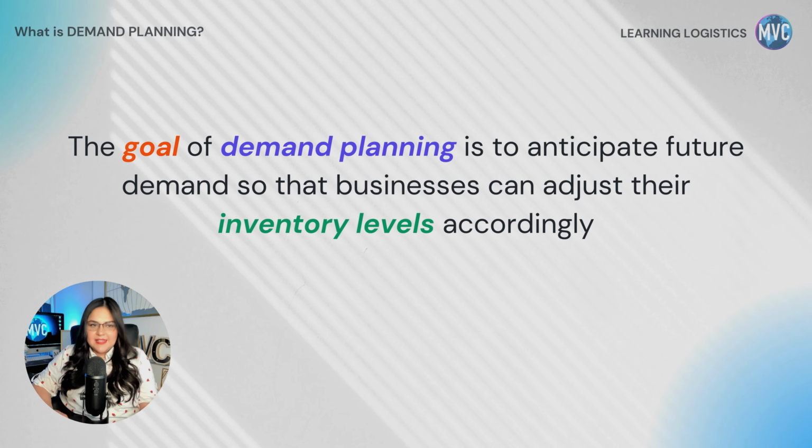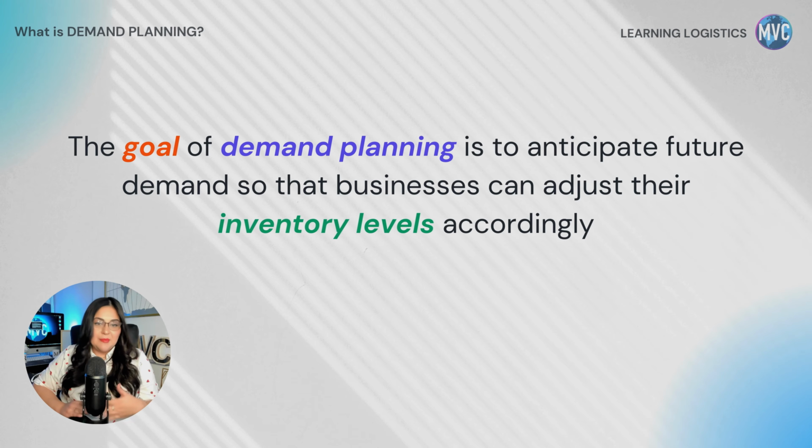Demand planning is a complex process that involves predicting consumer demand for products and services. We have established that. Now, the goal of demand planning is to anticipate future demand so that businesses can adjust their inventory levels accordingly and also ensure that they have the right amount of inventory on hand to meet customer needs without having too much or not enough, which I mentioned earlier in the lesson.